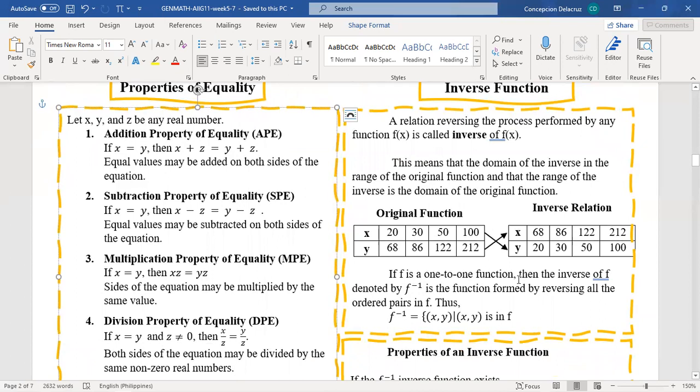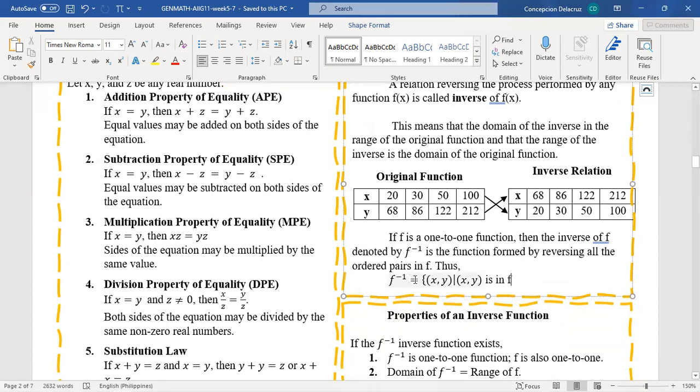If f is a one-to-one function, then the inverse of f, denoted by f raised to the power of -1, is the function formed by reversing all the ordered pairs in f. Thus, f inverse is equal to the set of x, y such that y, x is in f.